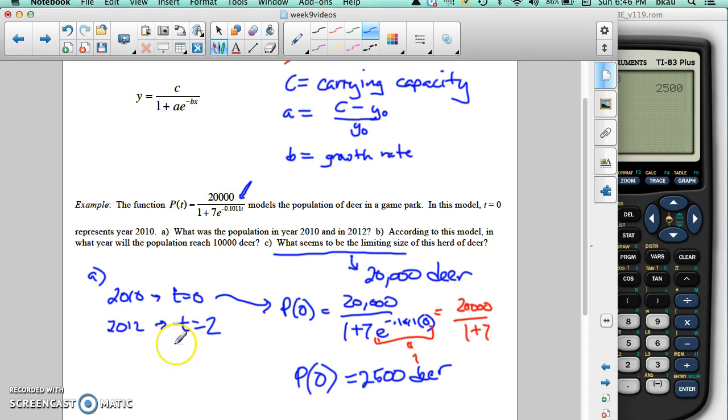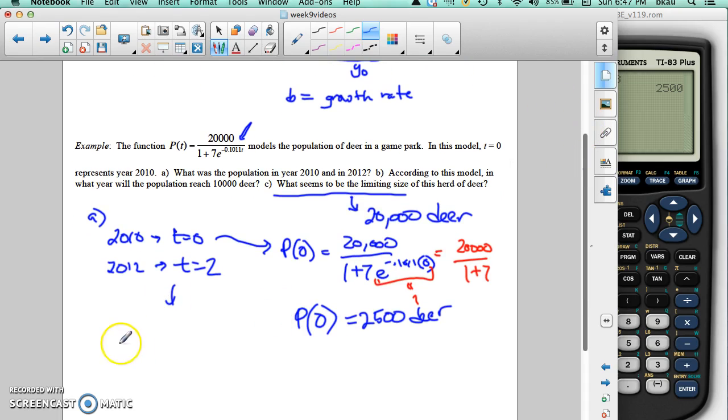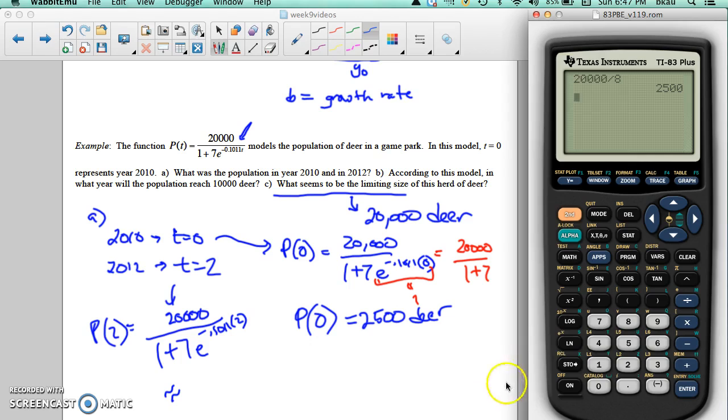Now for T equals 2, I'm going to have to do some more calculator work because I don't know e to that power. We're just going to put it in and evaluate on our calculator: 20,000 over 1 plus 7 e to the negative 0.1011 times 2. Let's plug that into our calculator and see approximately how many deer we have.